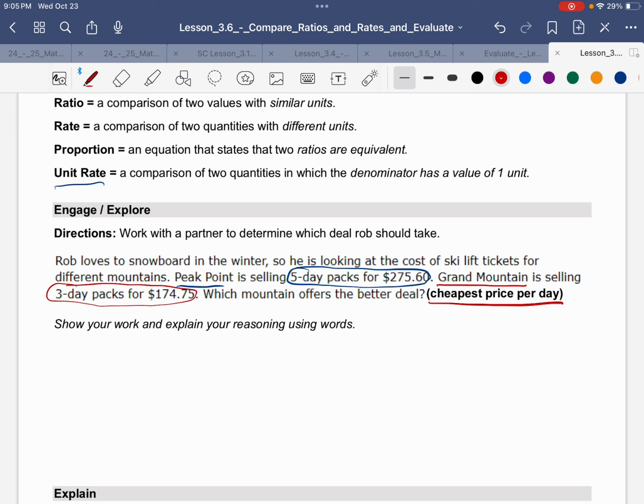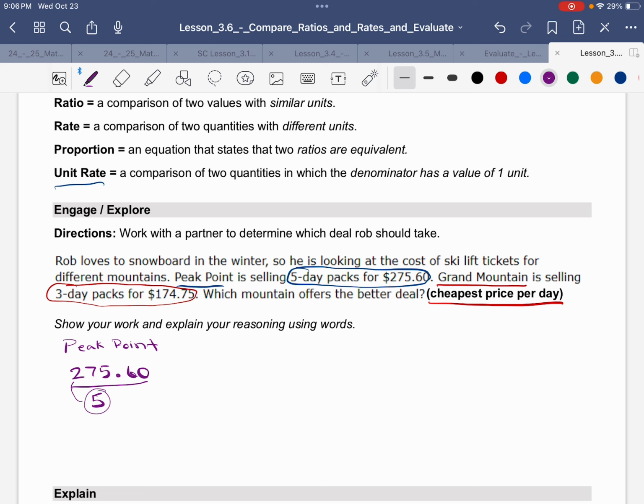You're essentially dividing when you do these types of problems, because to figure out, okay, I have for Peak Point, my ratio is $275.60, and it's for 5 days, right? We want to know the amount in 1 day. So you have to break this up. Instead of 5 days, we're going to split it.